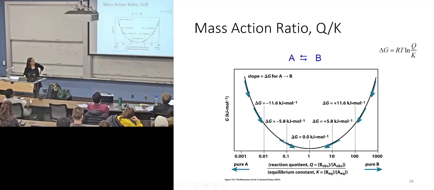If this value is less than 1, then we know that we actually want to proceed. We'll have a negative delta G, so the direction the reaction is trying to go is to the right until it reaches equilibrium. Alternatively, if we have observed values that yield a positive free energy change, then we know things are trying to go back towards the reactants until we can reach our minimum free energy.